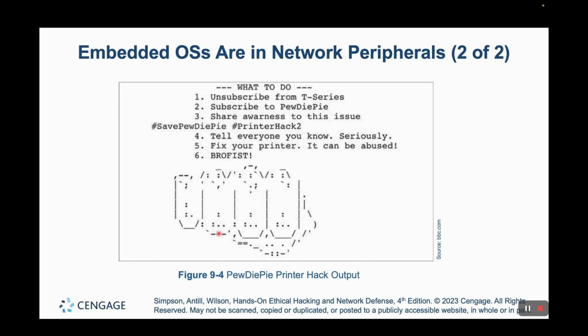Now, this one here is an example of the PewDiePie printer hack output. This happened back in 2018. A hacker claimed to have exploited more than 50,000 vulnerable printers worldwide. Again, claimed. This hack allowed the hacker to print out messages urging people to subscribe to the YouTube channel of PewDiePie.